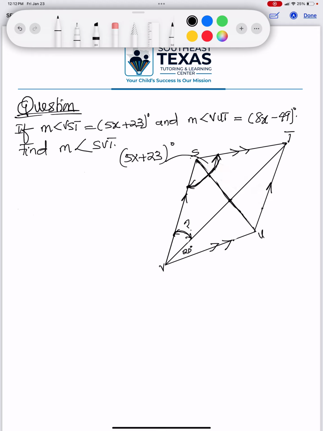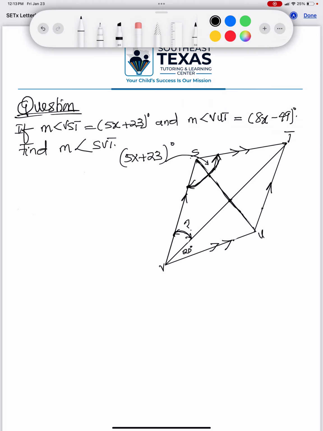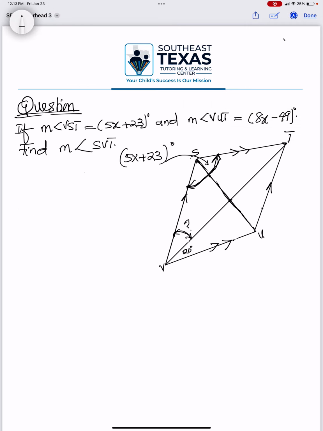And they say an angle VUT, the angle at U, this angle here, they give it to us to be 8x minus 49 degrees.